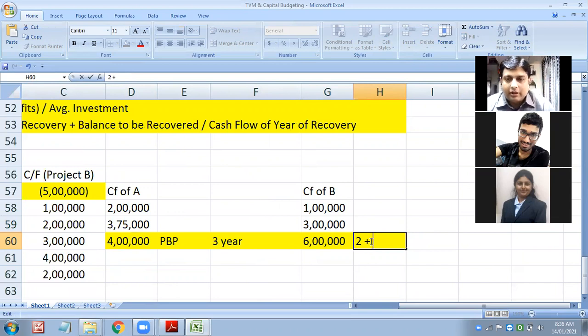Out of 5 lakh, 3 lakh were already recovered till last year. So the remaining is 2 lakh. Absolutely right answer. So the balance recovery was 2 lakh.